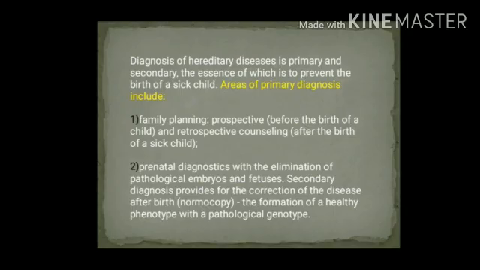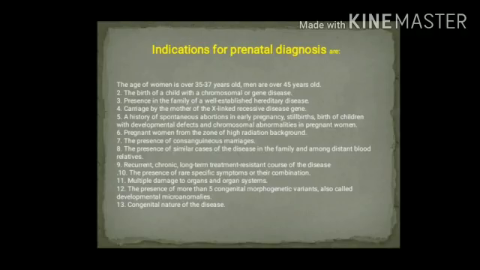In this slide, you can see the indications for prenatal diagnosis. There are: the age of the woman over 35 to 37 years old, men over 45 years old. The birth of a child with a chromosomal or gene disease. Presence in the family of a well-established hereditary disease.